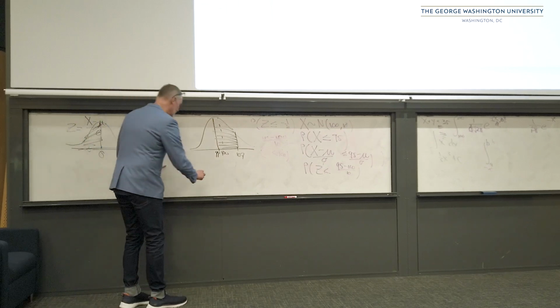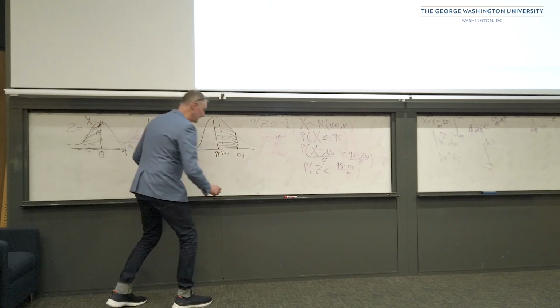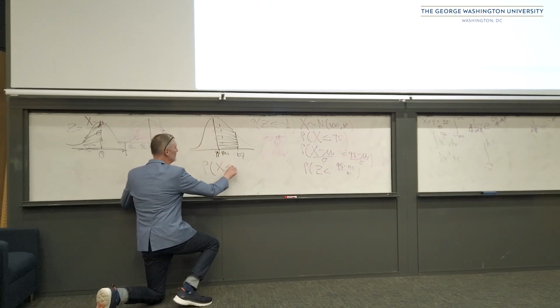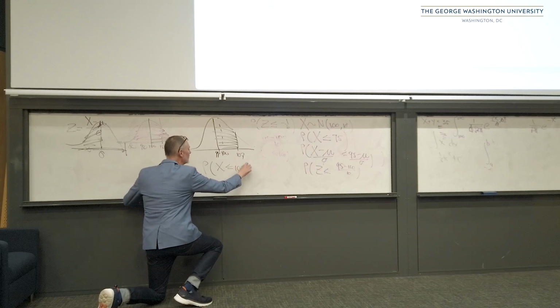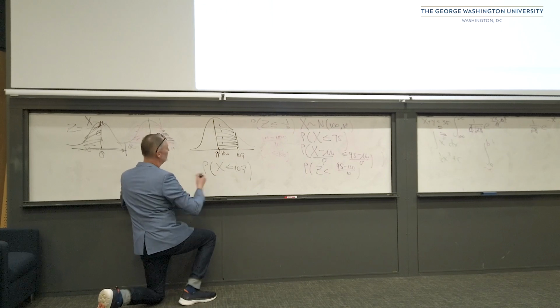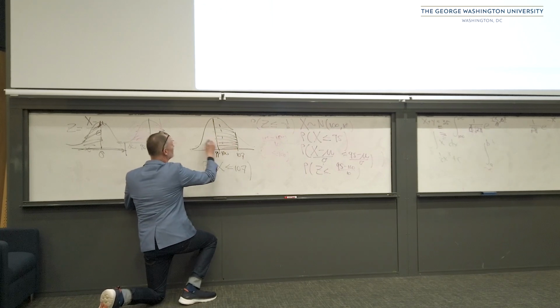So what he's suggesting is the following. Probability that x is less than or equal to 107. So what he's calculating at the moment is all of this.